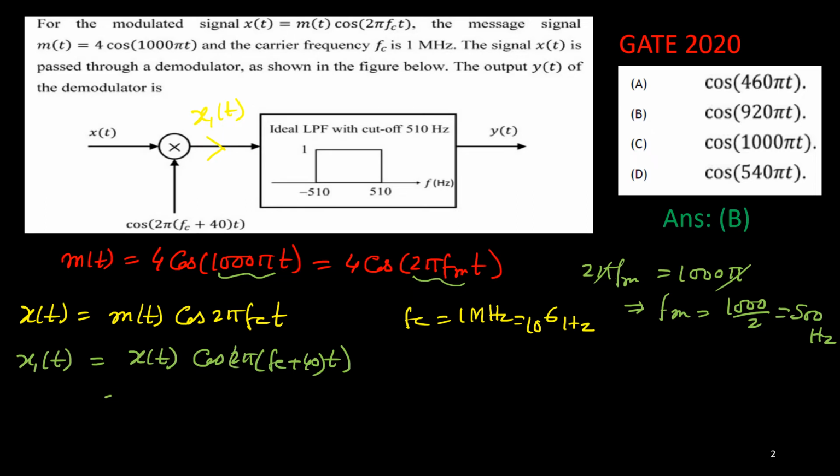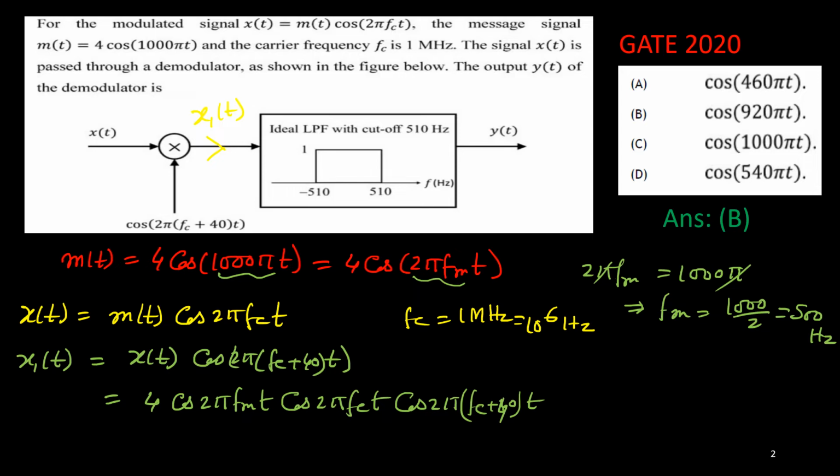I can replace xt by mt, and mt is given by this. So mt is 4 cos 2 pi fmt, which is multiplied with cos 2 pi fct, and then multiplied with cos 2 pi fc plus 40 t. Okay, so first we'll consider this one.